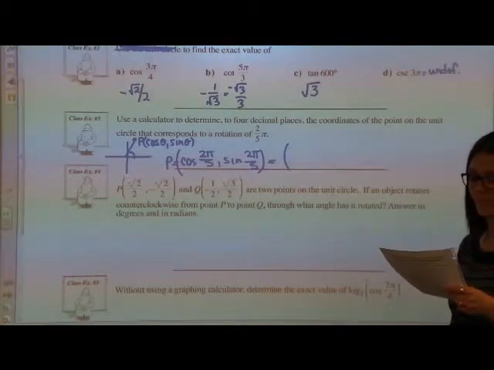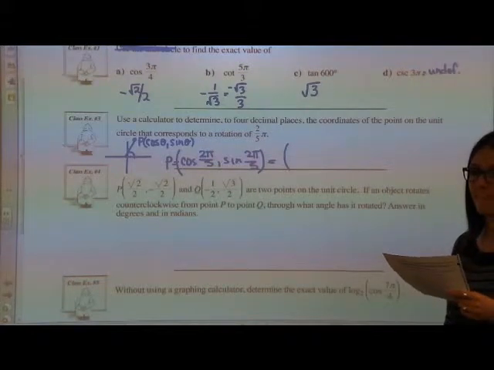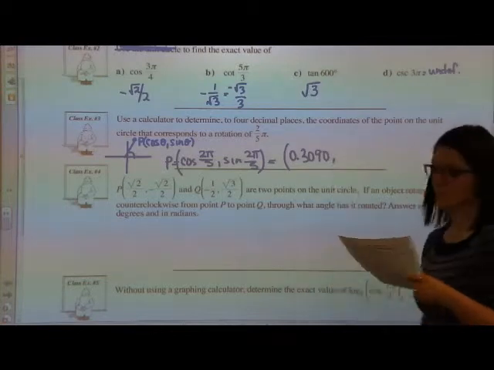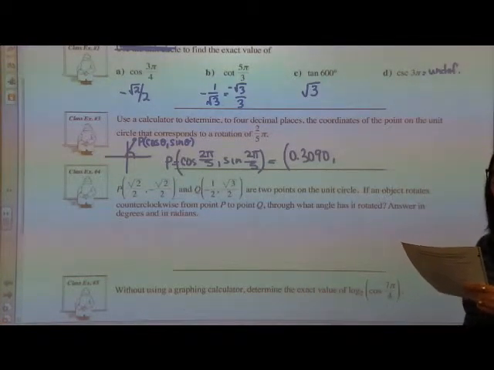Can you just do like 4 decimal places? Yeah. 0.3090? Yep. And what's sine 2 pi over 5?